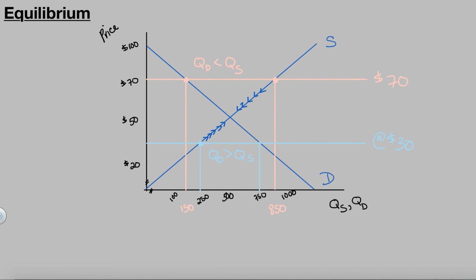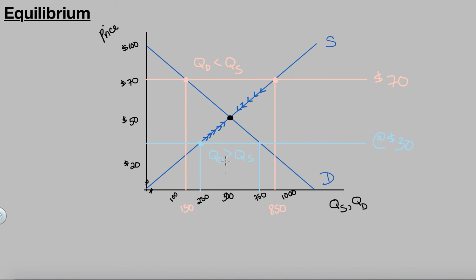And there's one point where we say the market clears, okay? And where the market clears, that is a point of equilibrium, and that's going to be this point right here, where the quantity supplied and the quantity demanded are exactly equal at, let's see, it looks like $50 and 500 units.